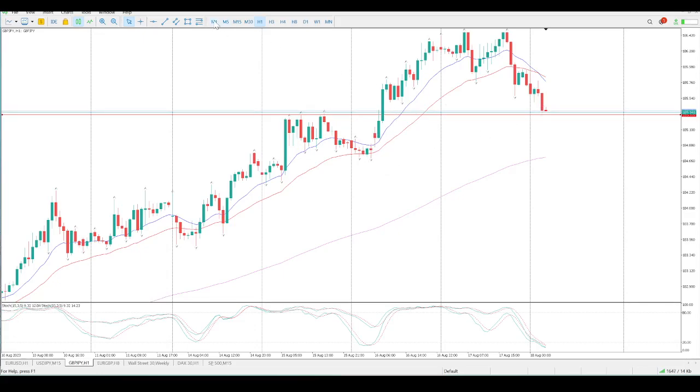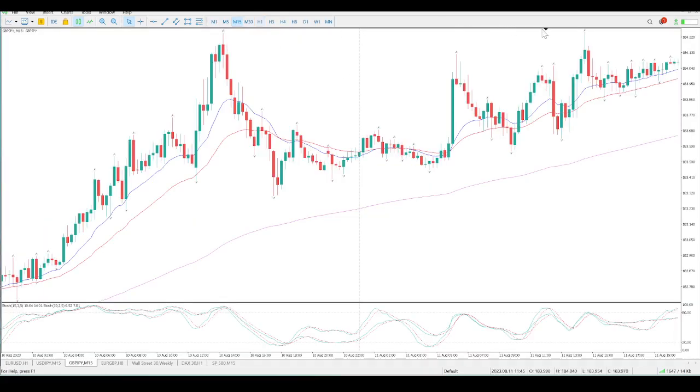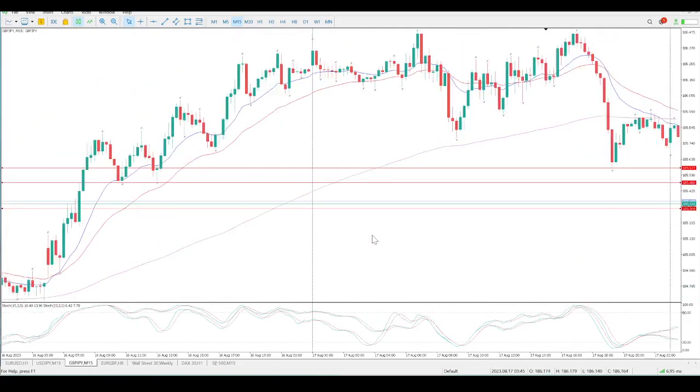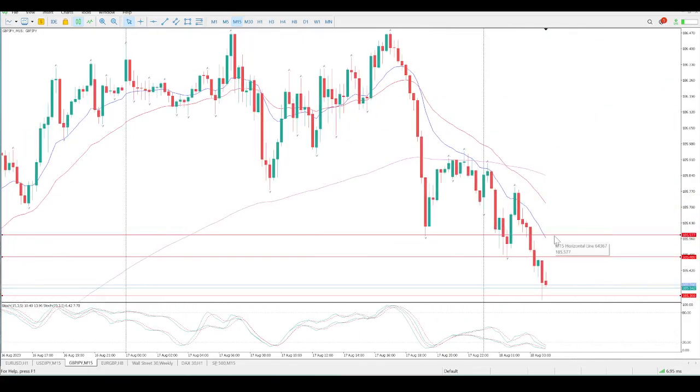So my view here is something along the lines of a pullback on the 15-minute onto one of these fractals right there, and you're going to come to 185.577 or alternatively 185.490.